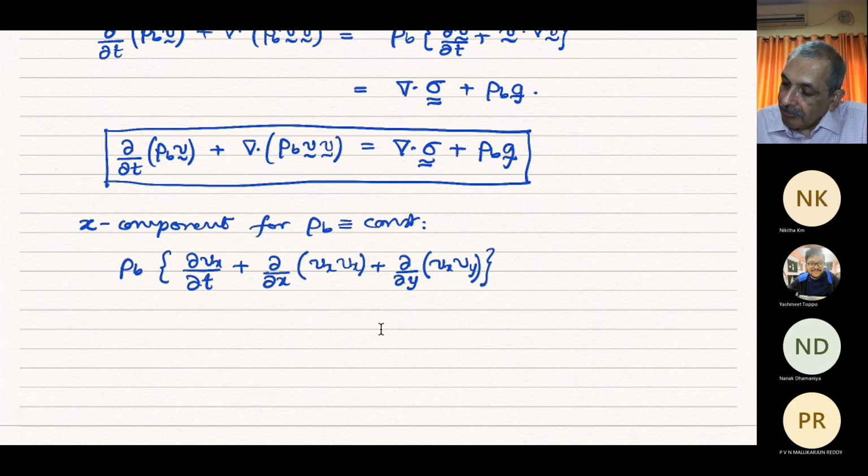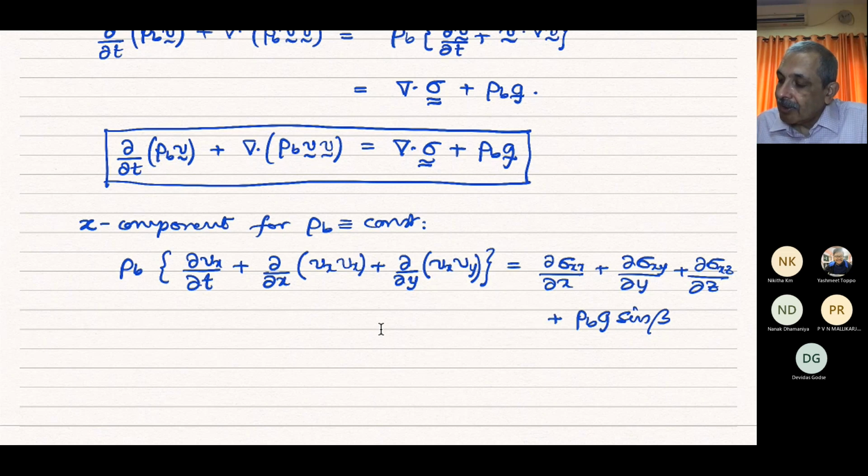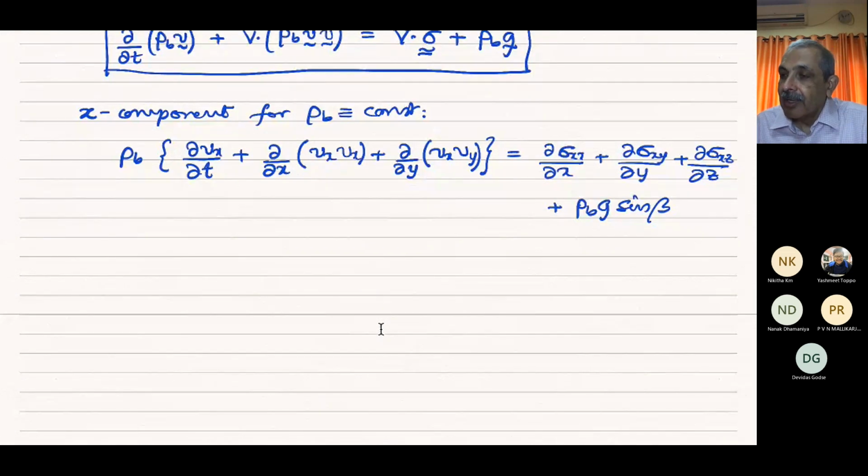This is the left hand side, and this is equal to del sigma xx by del x plus del sigma xy by del y plus del sigma xz by del z, and then of course plus the gravity term, rho b g sine beta, where beta is the angle of the interface. So this is what the equation reduces to, and this is where I was starting from last time.